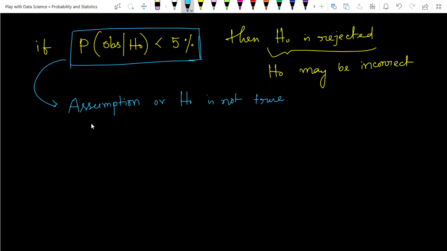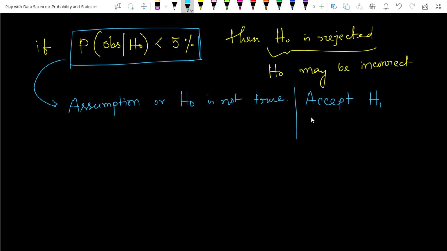And alternatively, since the assumption is not true, we accept the alternative hypothesis. H0 means the null hypothesis, H1 means the alternative hypothesis.